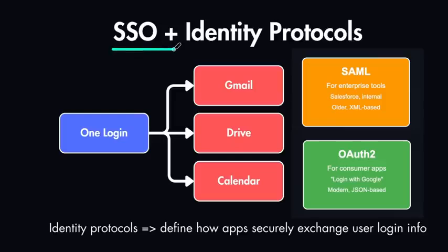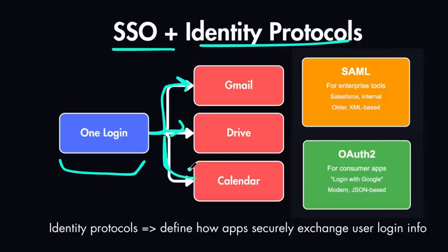And lastly, we have SSO, which stands for single sign-on, and identity protocols that are used with it. Single sign-on lets users have one login, so log in once and access multiple services. For example, when you log into Google, you can access both Gmail, Drive, and also Calendar and all of their other services. And behind the scenes, this SSO uses either SAML protocol or OAuth2 protocol.